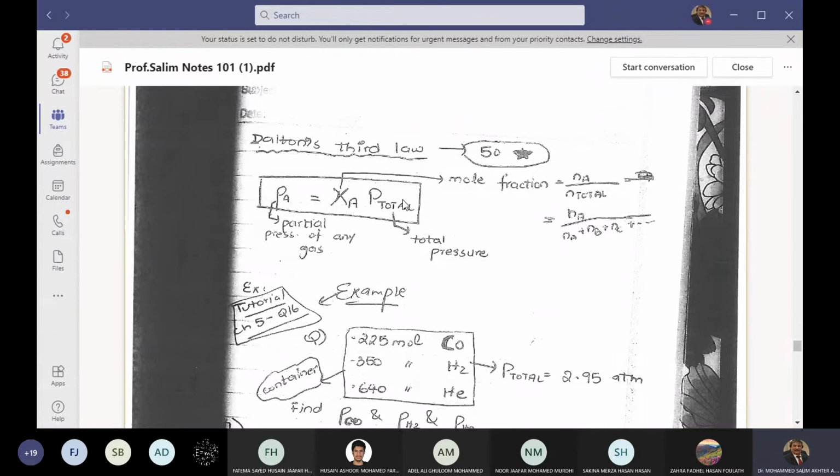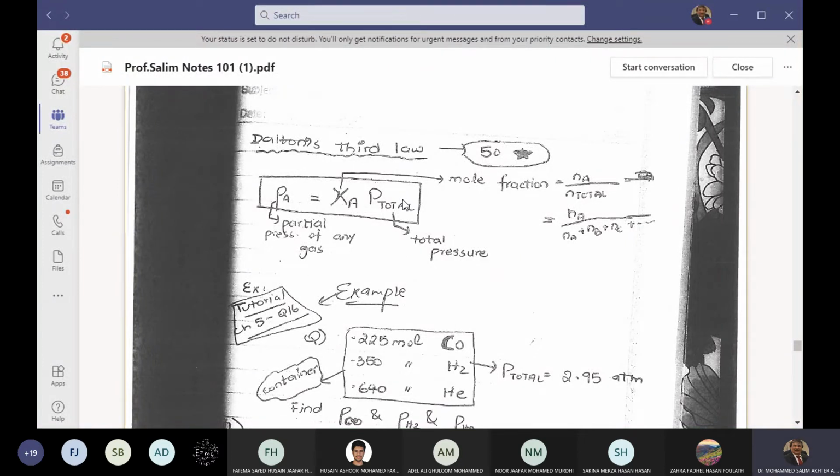This pressure of air is equal to the partial pressure of nitrogen, partial pressure of oxygen gas, partial pressure of CO2 gas, and so on, depending. So I told you from Dalton's first law that the total pressure of air in Bahrain at 30 degrees C, because it's too hot today, is 1 atm.